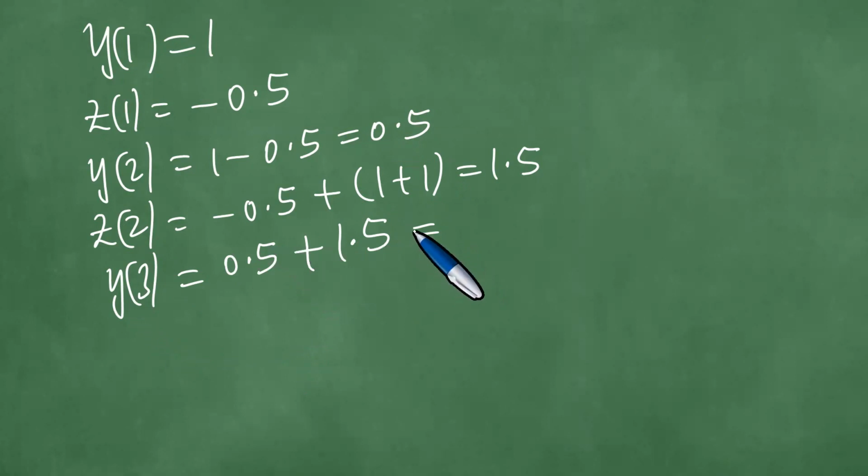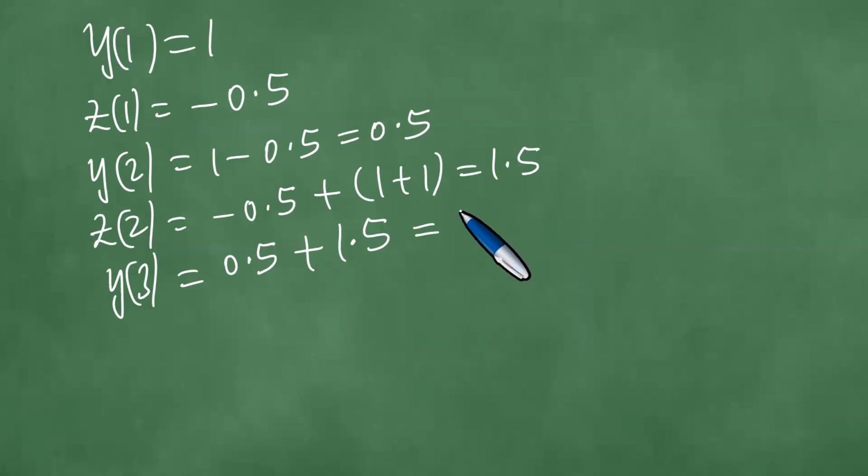And y primed of 2 is z. So it's going to be z of 2, which is 1.5. Good.